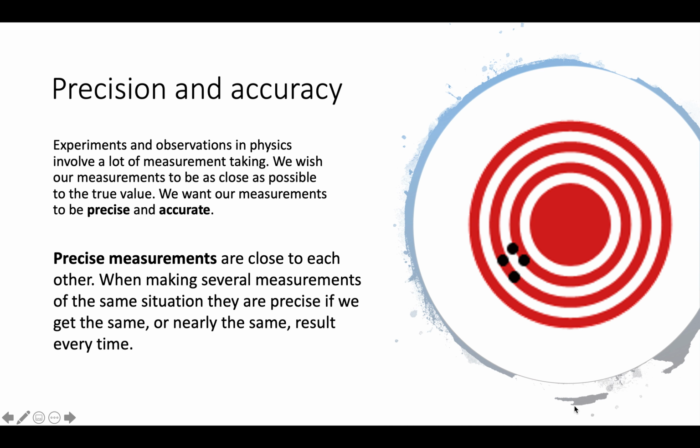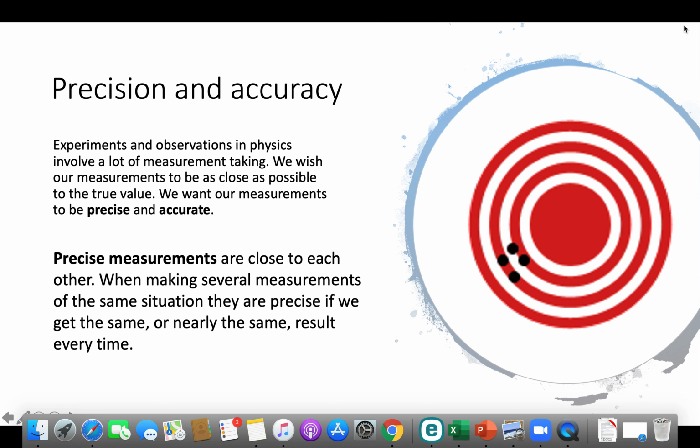Precision comes from repeating. You cannot take one measurement and then say whether it's precise or not. That's meaningless. Precision comes when you repeat measurements, with everything being the same. So in scientific terms, you haven't changed your independent variable, you haven't changed your dependent variable, you just keep on taking more measurements, and all of the control variables stay the same as well.